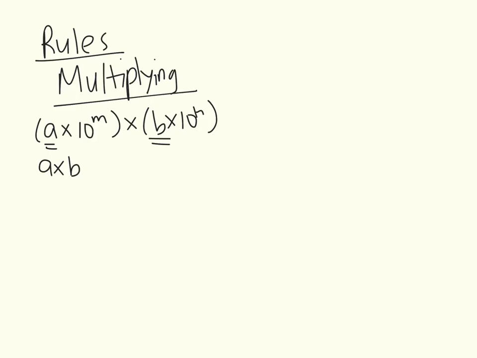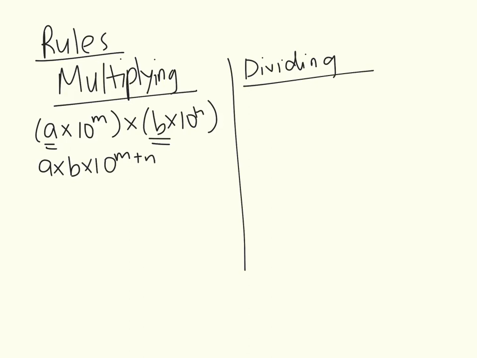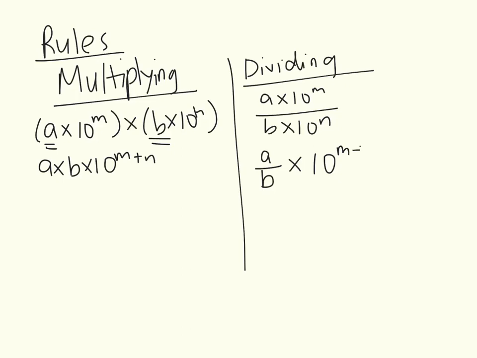And you can combine the two powers of ten by adding the exponents. This is for multiplying. For dividing, I'm going to write a times 10 to the m divided by b times 10 to the n. And using the product of fractions, I can break up the fraction as a divided by b times 10 to the power of m minus n. This is using the quotient of powers property.